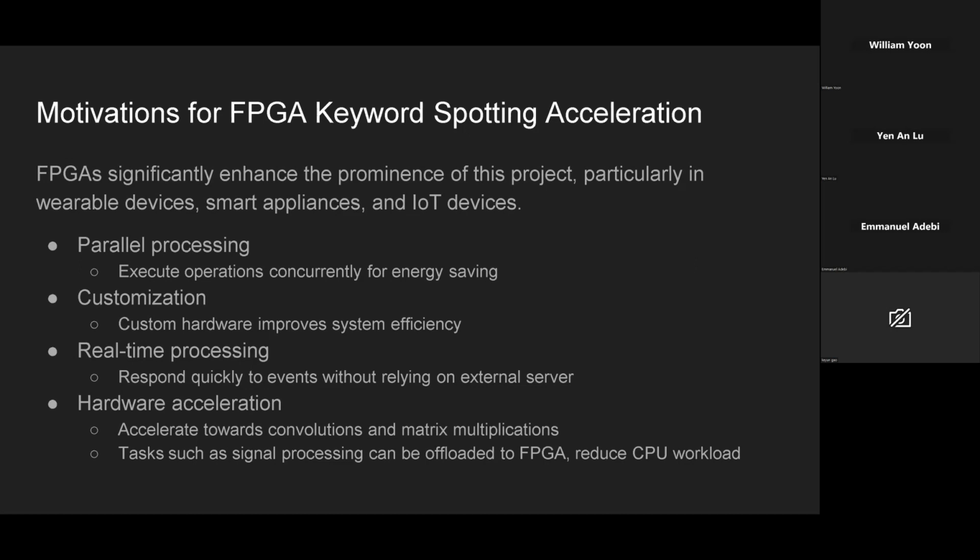Because in IoT devices there are limited CPU resources, we can run all operations on the FPGA and save CPU power for other operations. There's also a natural advantage of FPGAs in accelerating algorithms which include a lot of convolutions and matrix multiplications, so it is good to use an FPGA to speed up the process.